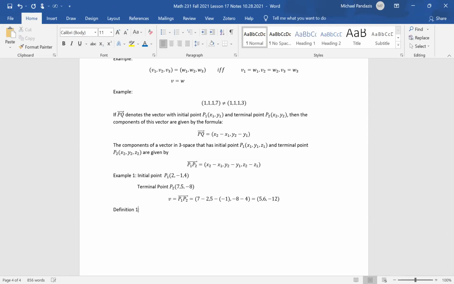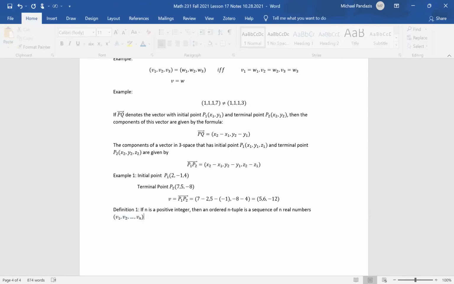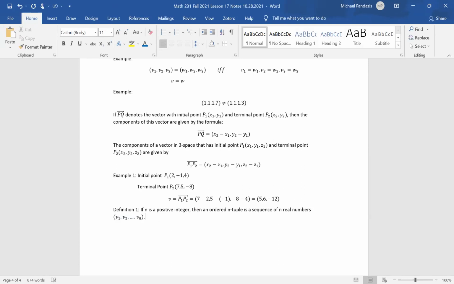Okay, definition 1. If n is a positive integer, then an ordered n-tuple is a sequence of n real numbers v1, v2, up to vn.